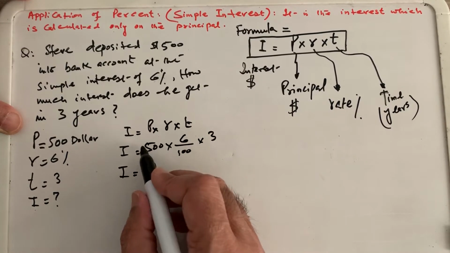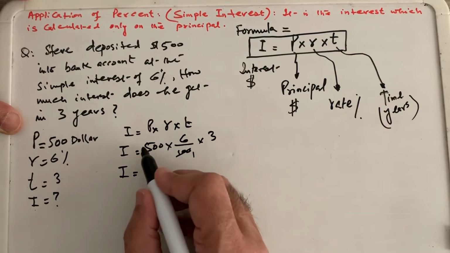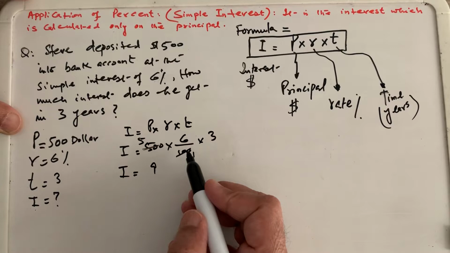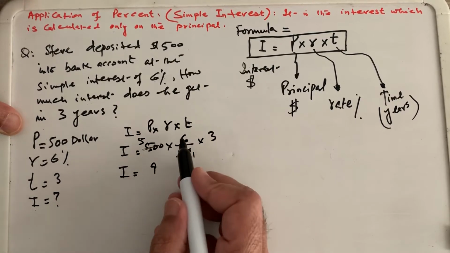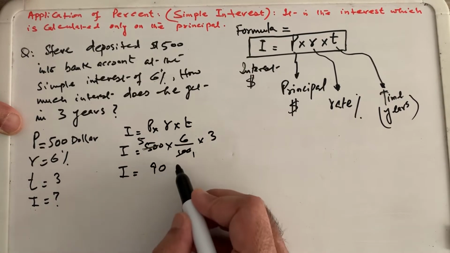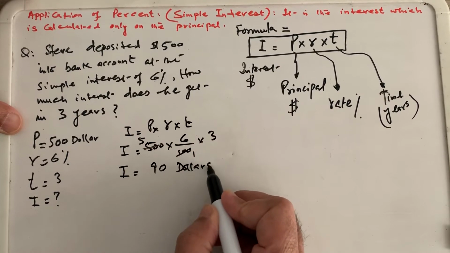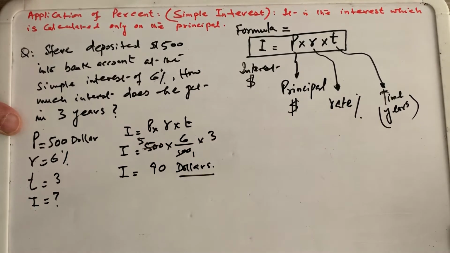Because 5 times 6 is 30, 30 times 3 is 90. So $90 will be the interest which he receives in 3 years if he puts $500 into a bank account at a simple interest of 6%.